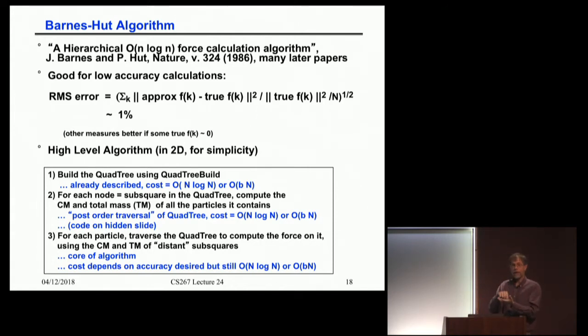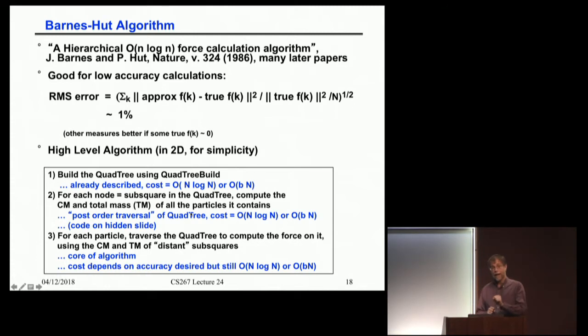How do I get the center of mass of the parent? I just take the appropriate weighted sum of the centers of mass of its 4 children. Once I've done the parent, I can go to the parent's parent and do the same trick. Just keep summing, and it's all very simple. The amount of work is just a constant amount of multiplies and adds per node in the tree, so the total cost is just the number of nodes in the tree, which we know is cheap.